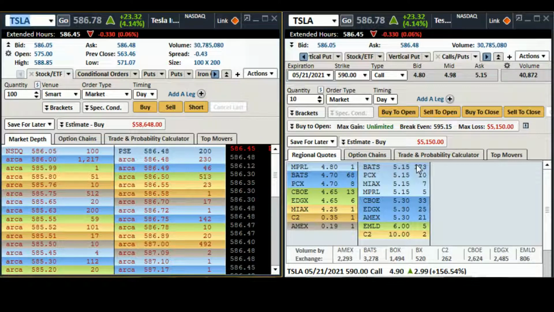Now, if Tesla moved from 586 to 588 and I had 10 of these calls, I'm going to make the number up, 75 cents, a dollar on the options, or $750 to $1,000 with a $5,000 bet, as opposed to a $58,000 bet with 100 shares, which would have netted me 200 bucks.